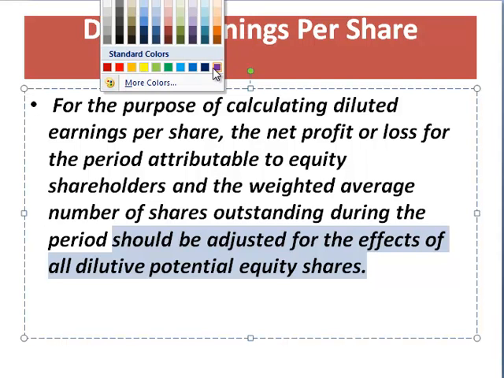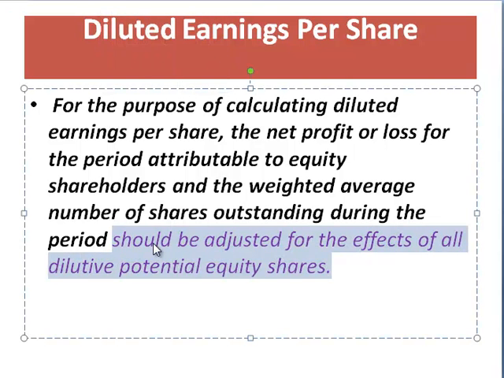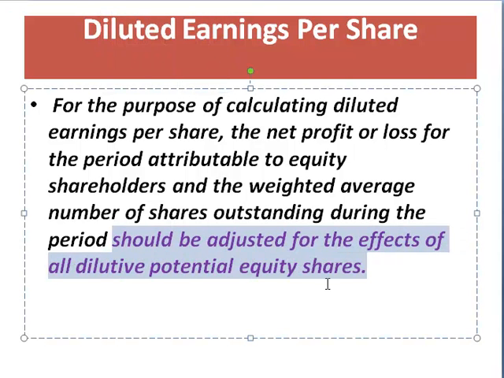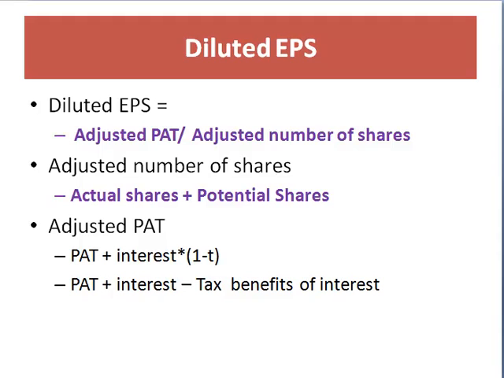That means if there are some potential shares, then it is necessary to inform the shareholders that the basic EPS may not continue. So how is the diluted EPS calculated? Diluted EPS is equal to adjusted PAT divided by adjusted number of shares.